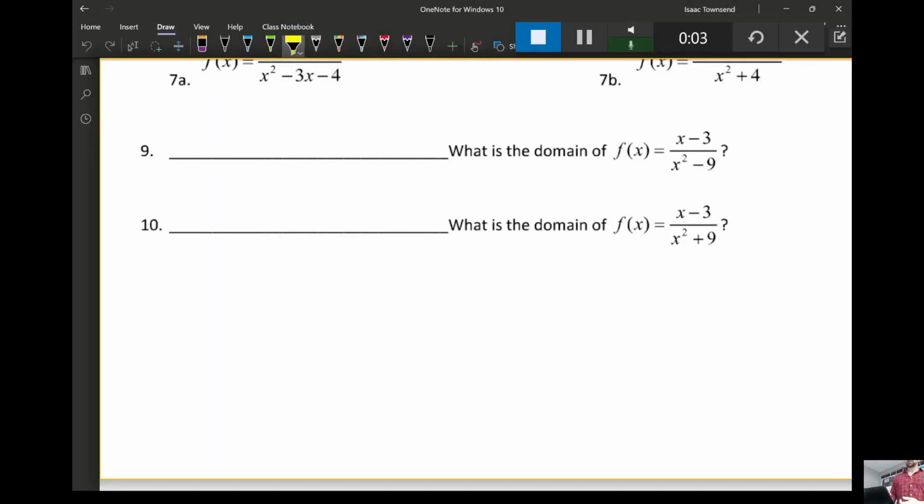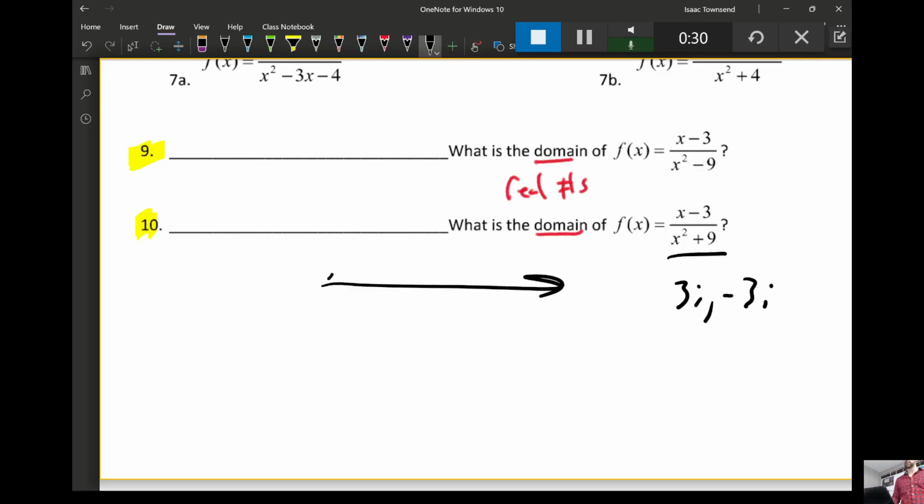So when you're talking about domain, for questions 8 and 9, domain implies that you're interested in real numbers. It's like asking what numbers could you graph. So on this one, when you found when the denominator equals 0, those are not real numbers. So you don't really have to take those out of the domain. If there's no real numbers that make division by 0, that means you can plug in everything, so all real numbers.